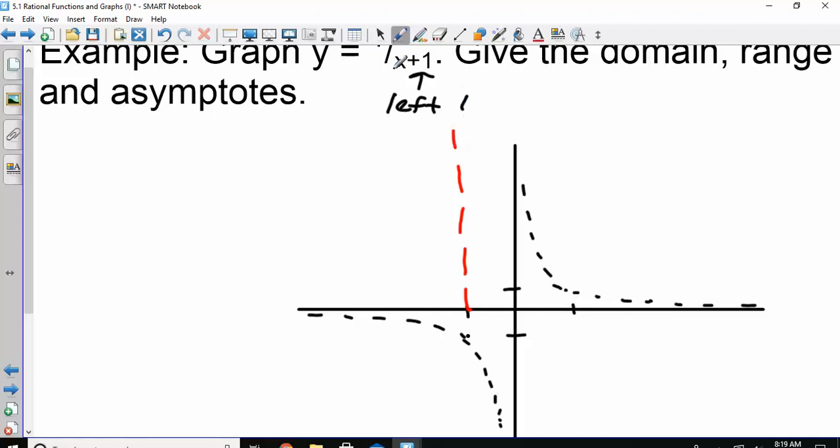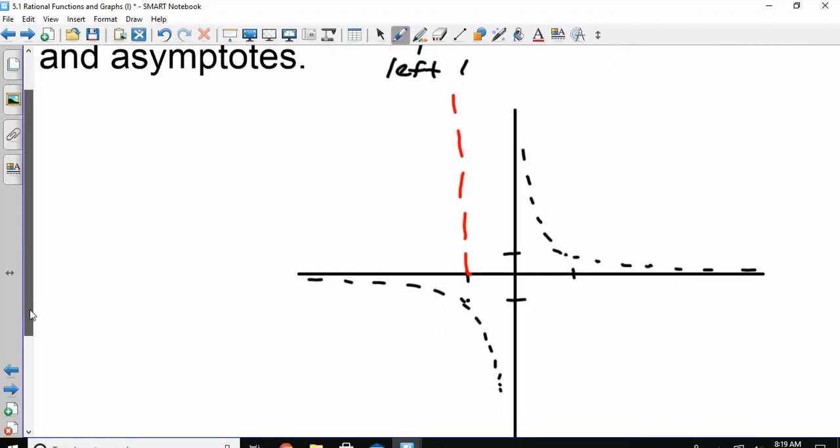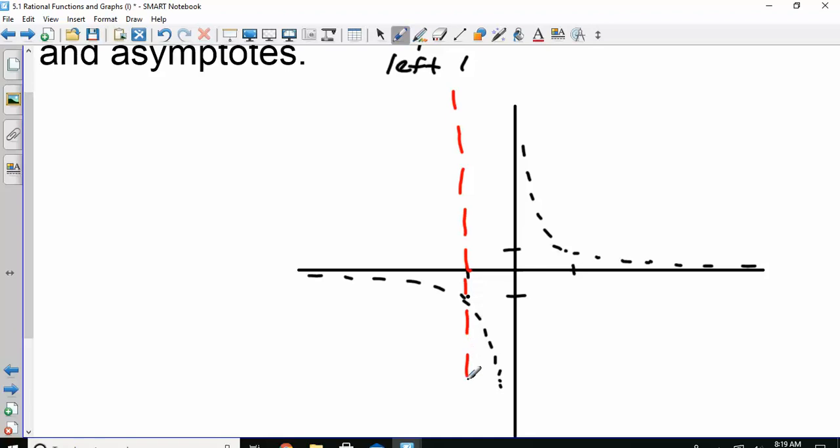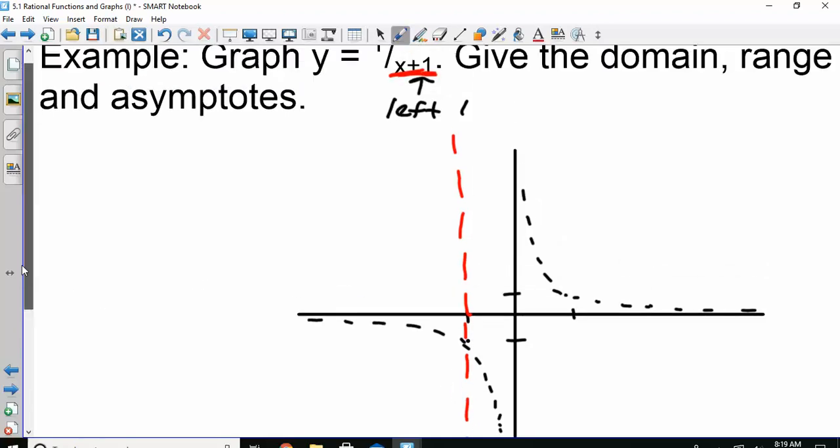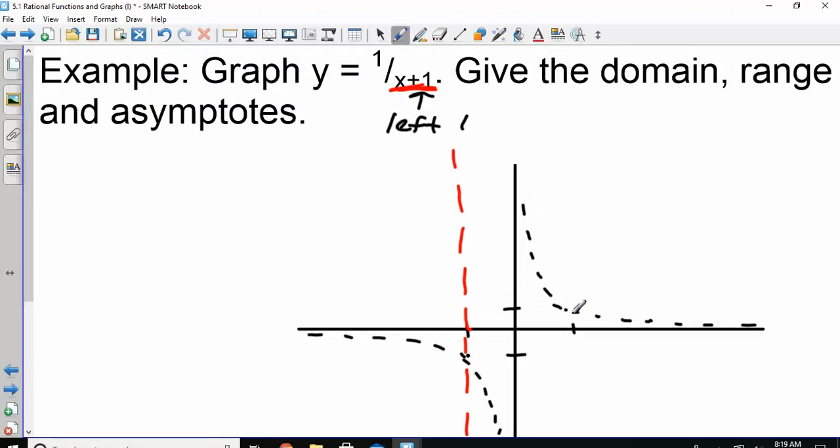The other way we could tell that, what's the one value x cannot equal? 0. The bottom can't be 0, and that happens when x is negative 1. So that's your vertical asymptote. So then if we move this point left 1, it would go here. If you're only moving left, your horizontal doesn't move.